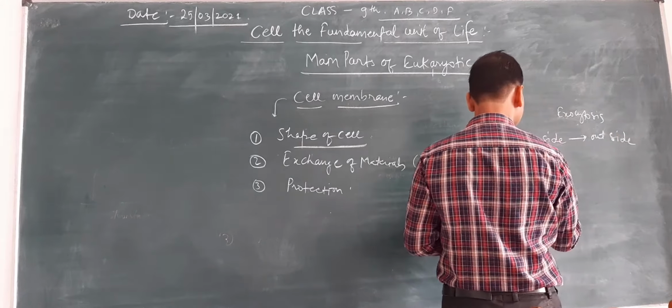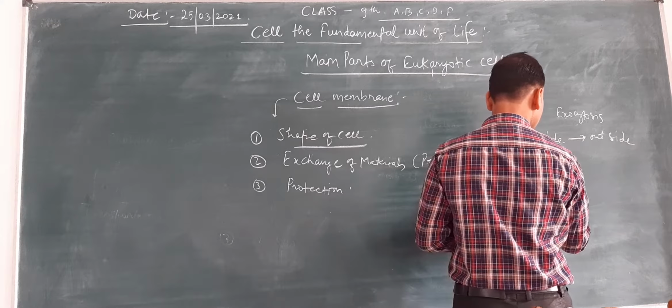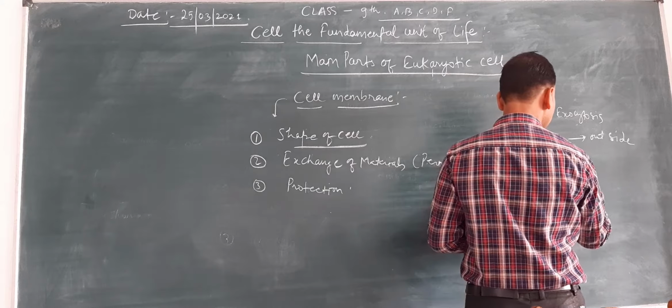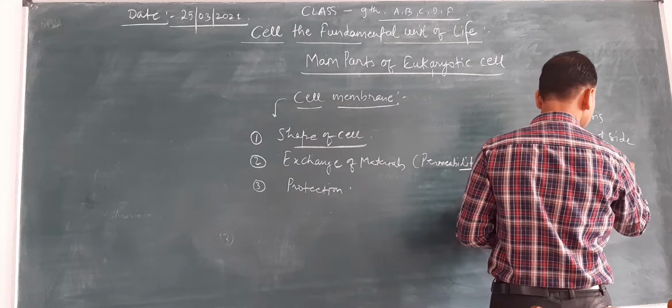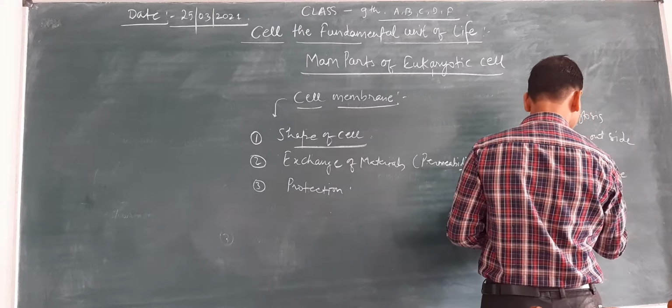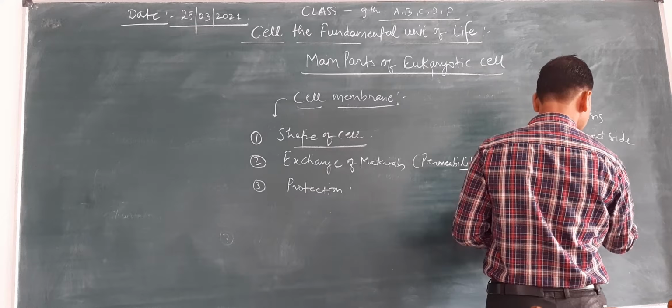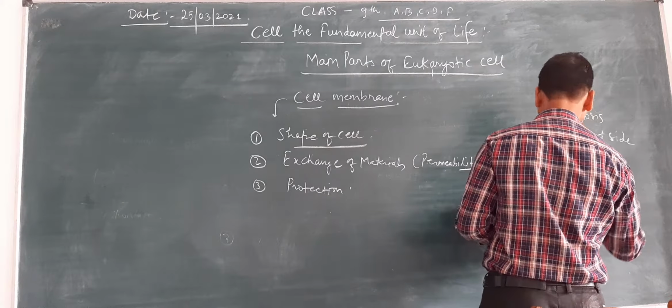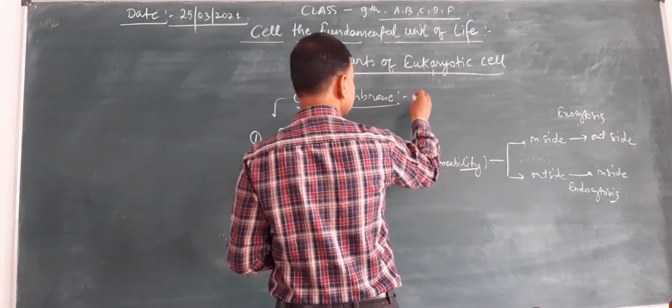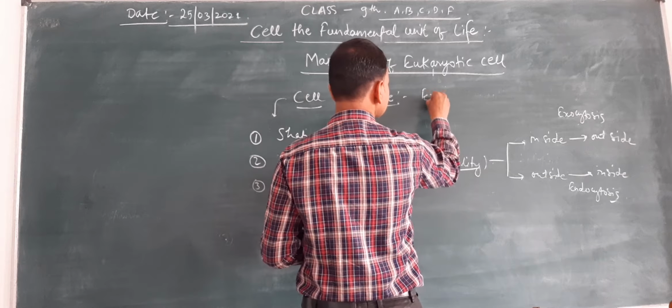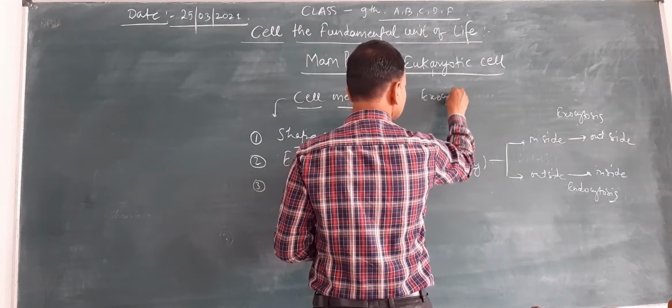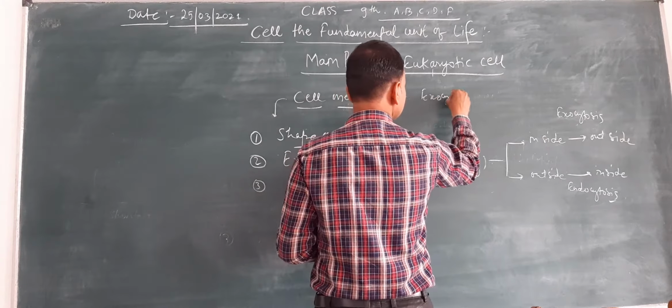And if it is from outside of the cell to inside, it is called endocytosis. So we can say that the cell membrane is responsible for exocytosis as well as endocytosis. So this is the common property of the cell membrane.